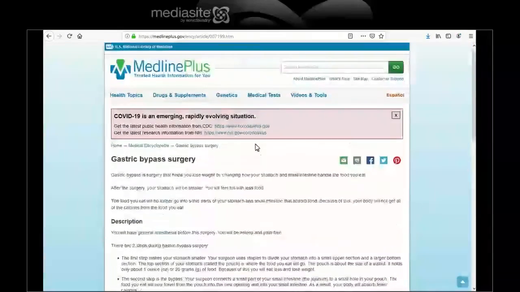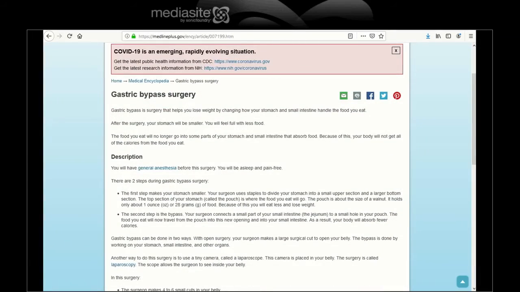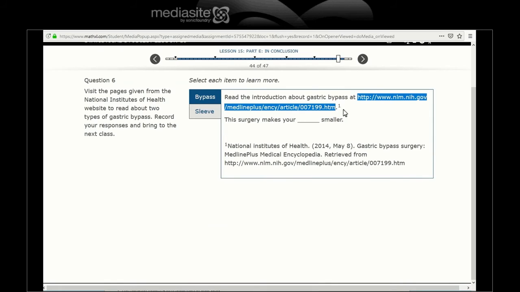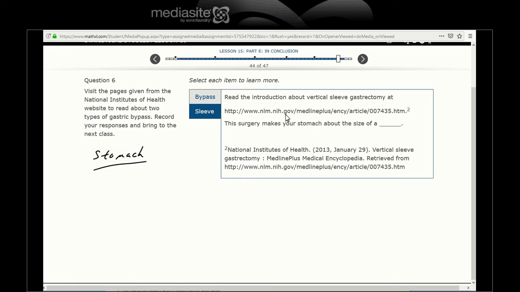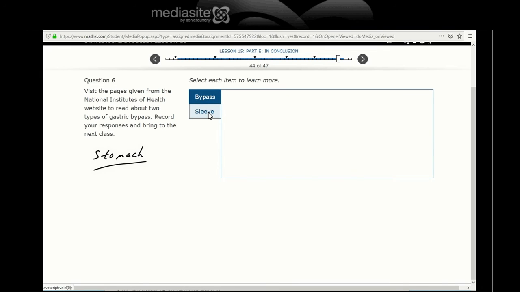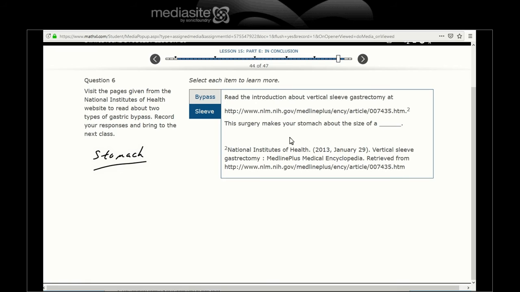Wow. Does it make your stomach smaller? There's the next one. It's different. Yep, it's a different article.